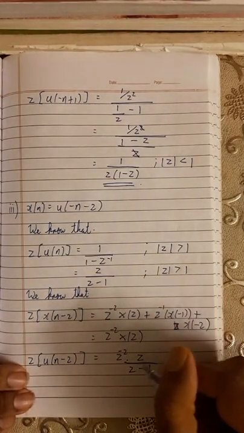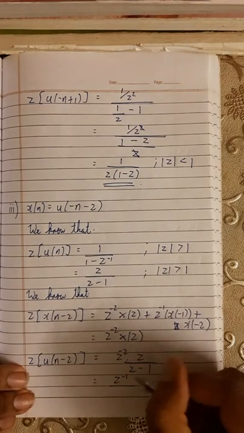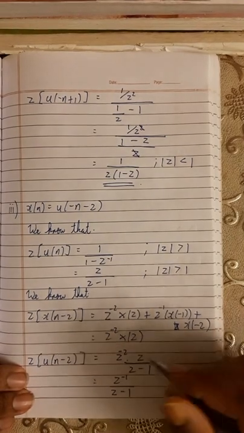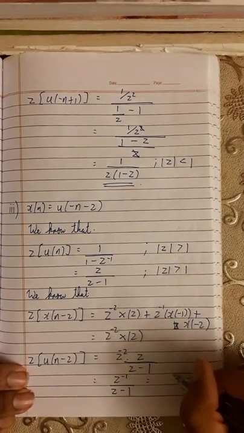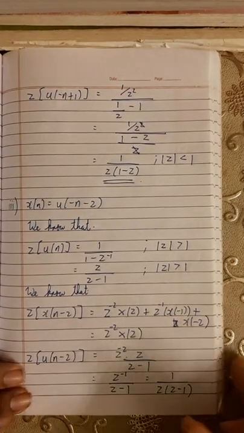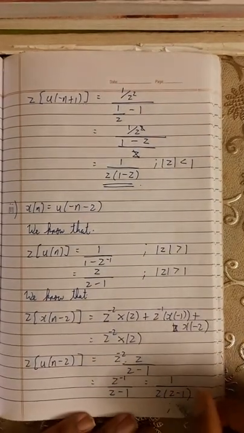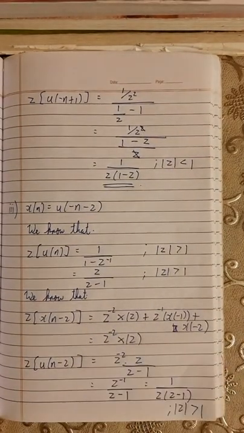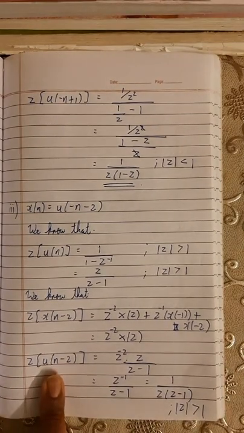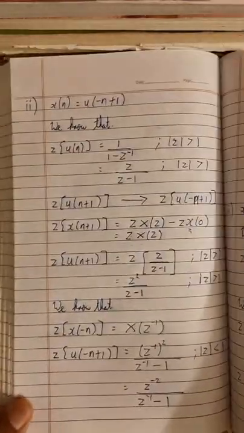Or in other words, this is nothing but z raised to minus 1 by z minus 1, or in other words, 1 by z into z minus 1. And the ROC remains the same. Since I have finished applying the time shifting property, now I'm going to apply the time reversal property.